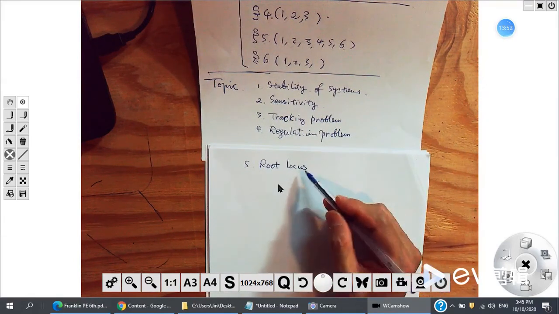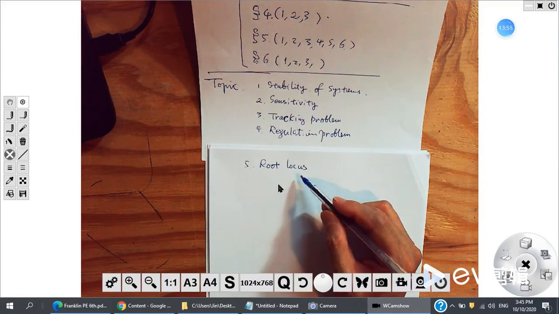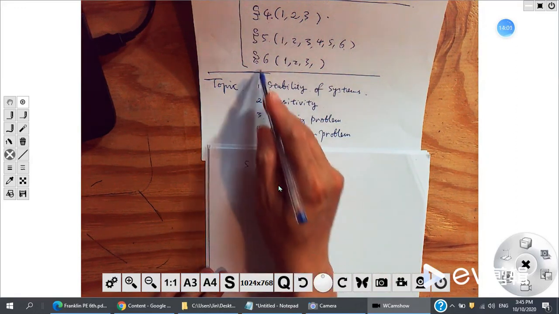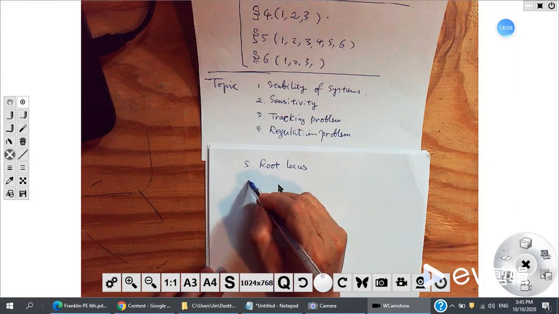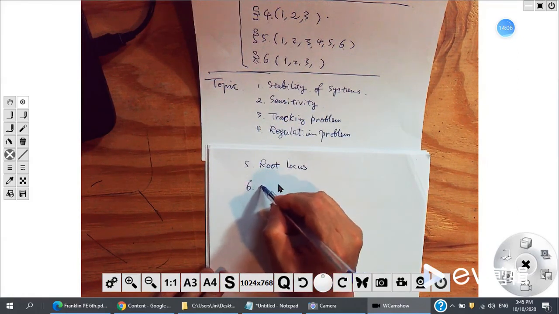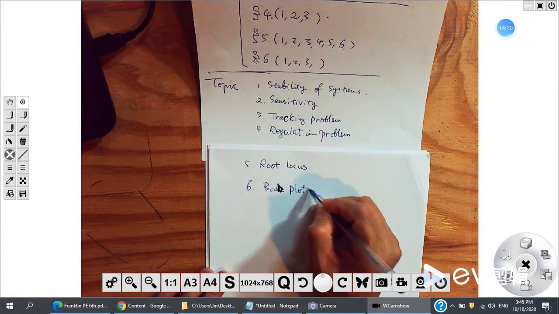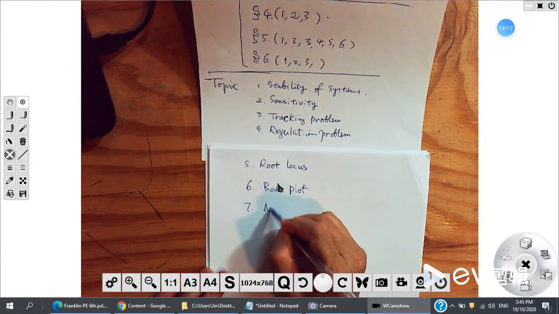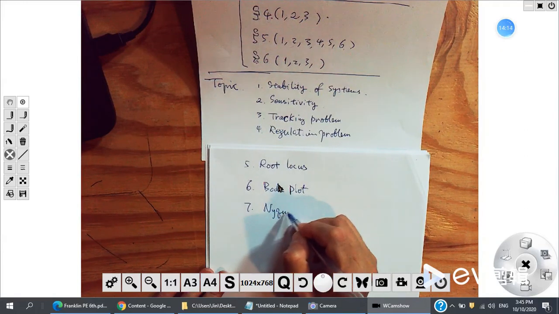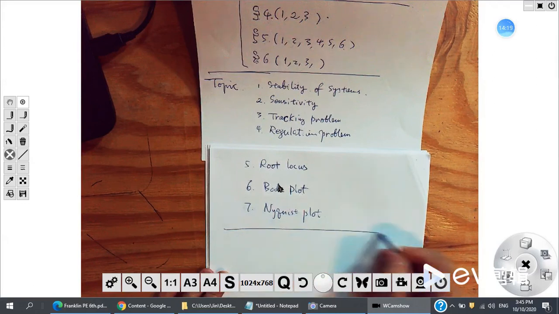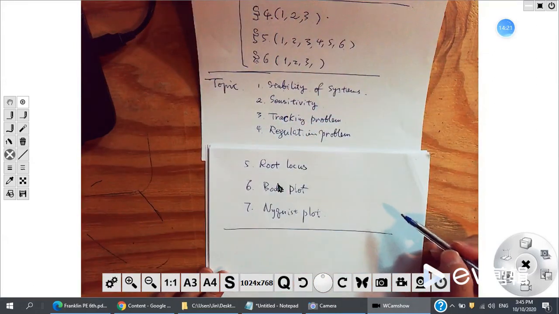You should know how to draw the graph and how to apply it in the control design. And then in the next chapter we have two things. One is a Bode plot. One is a Nyquist plot. Right. So totally we have 7 topics, roughly speaking.